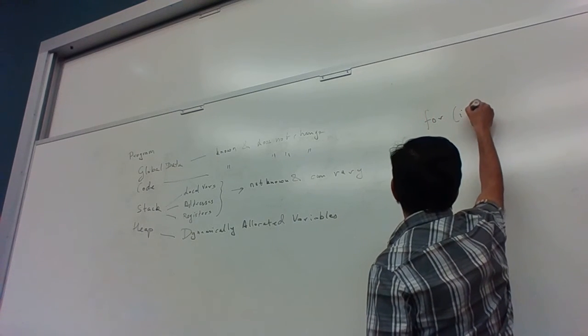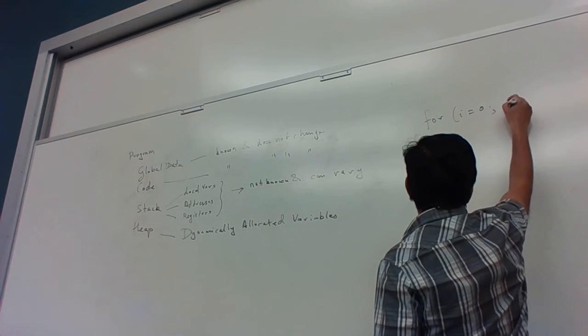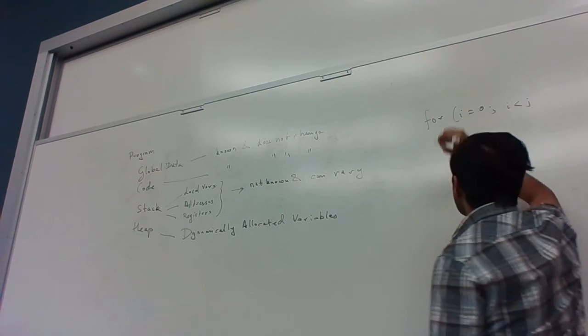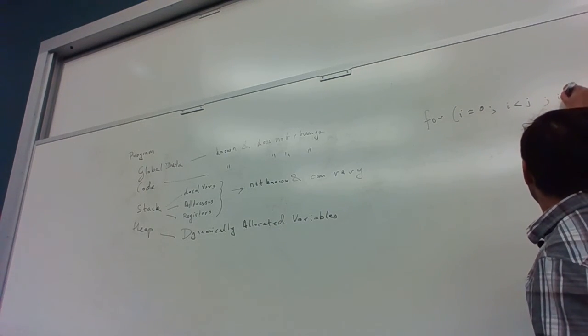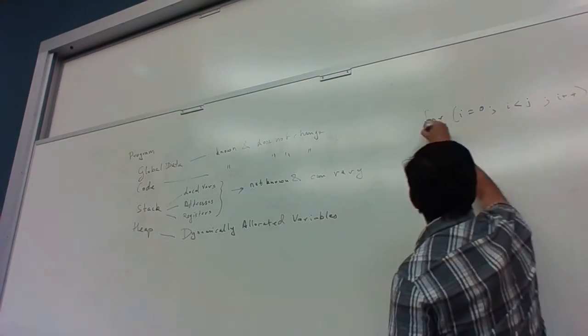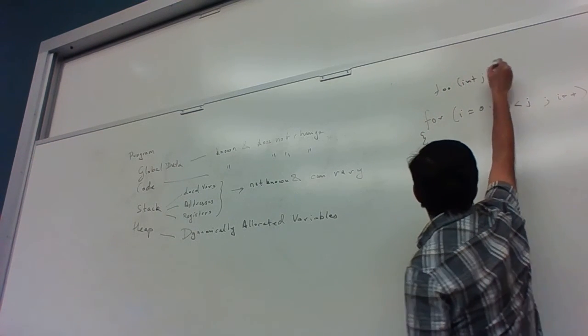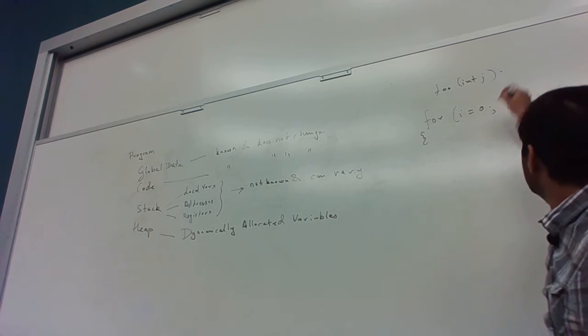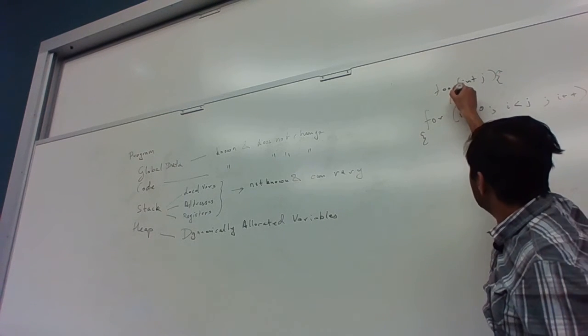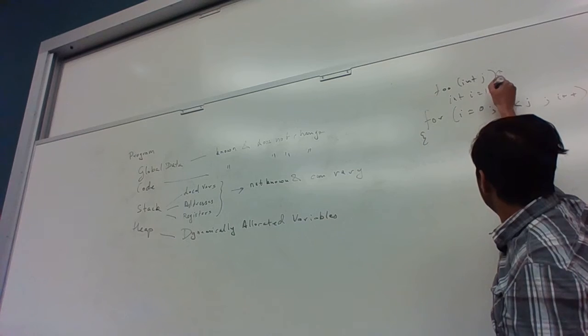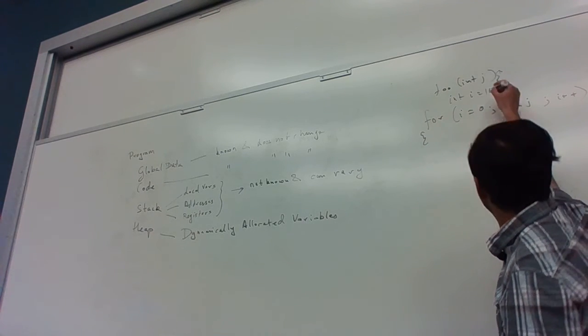For i equals 0, i less than j, i plus plus. Let's say this is the function foo and it takes int j as input, and it has int i equals 10, int i equals 0.